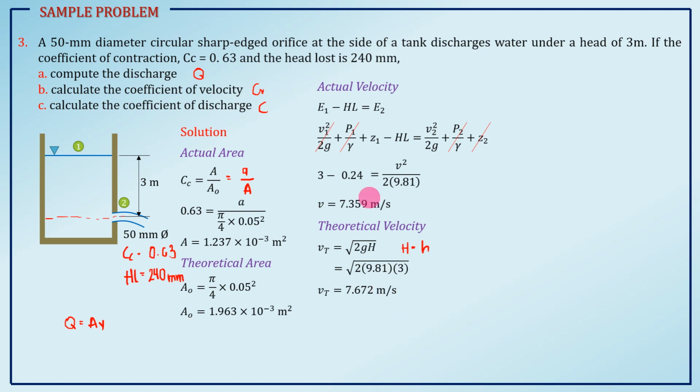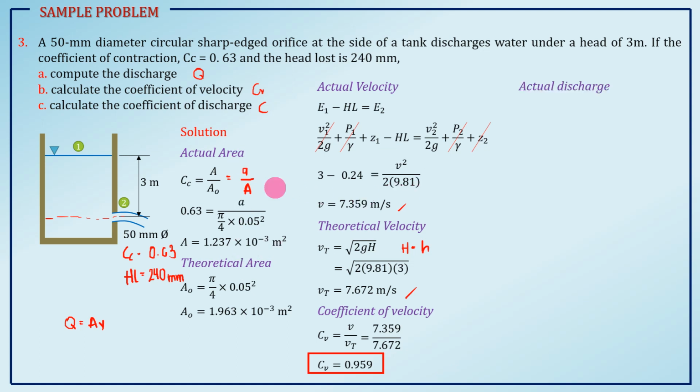And since we have the actual velocity and theoretical velocity, we can now solve for the coefficient of velocity. The coefficient of velocity is V actual divided by V theoretical. So, CV is 0.959, unitless. Then we now have the actual area and the actual velocity, so let's solve for the actual discharge.